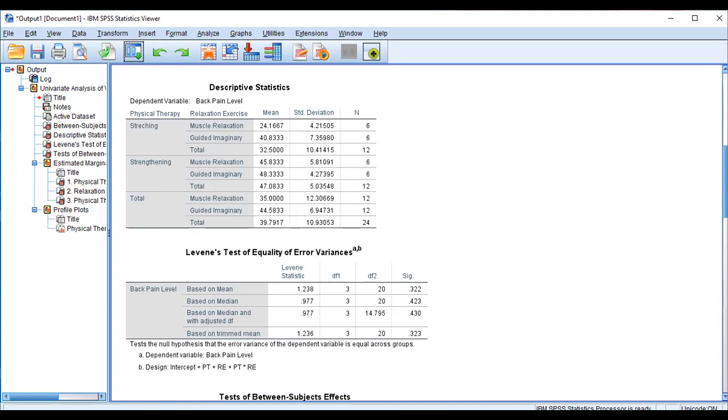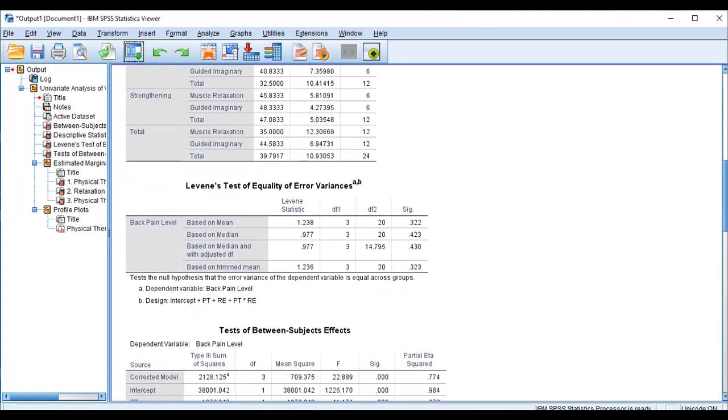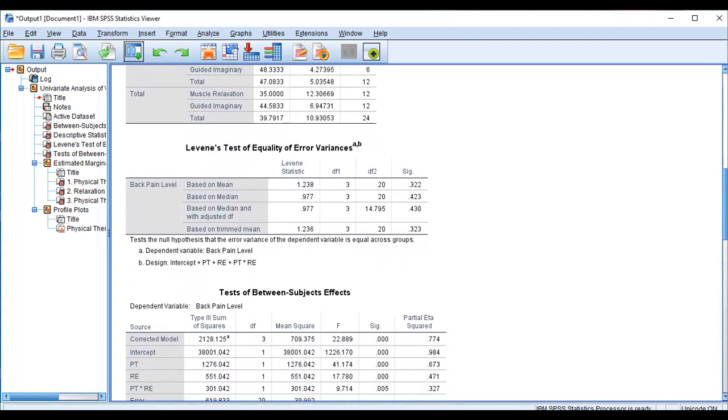Now coming to Levene's test of equality of error variances. That is something we always try to do, as we did with the t-test, to check whether the sample we have got is coming from the same population or from different populations. If it is coming from the same population, homogeneity of variances will be there. Here, based on the mean, the Levene statistic is 1.2 something, and the significance is 0.322.